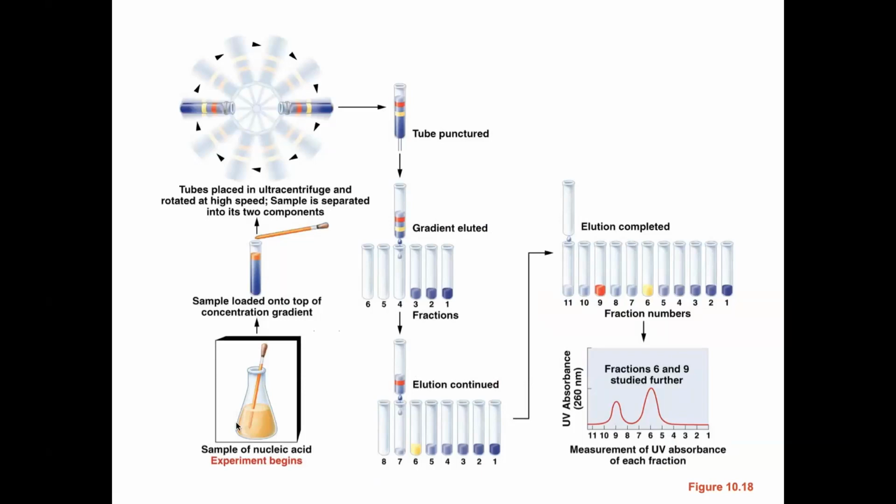By centrifuging a solution of cesium chloride, you establish a density gradient in that centrifuge tube. So when you apply your DNA sample to the solution of cesium chloride, followed by centrifugation, you will have established a density gradient within that solution, with high density at the bottom and low density at the top.